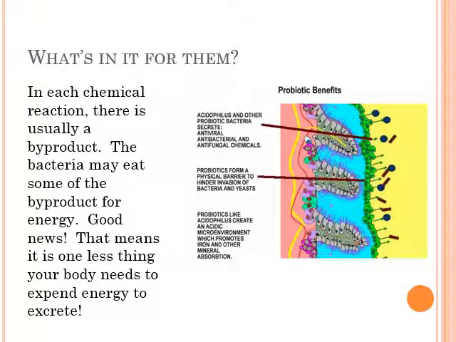The bacteria thrive on the byproducts of those chemical reactions. And in turn, truthfully, they end up producing a lot of byproducts too. A lot of the gases that get produced at the end of your digestive system are produced by the bacteria.